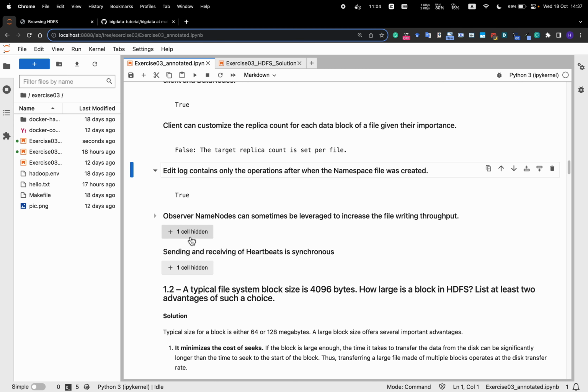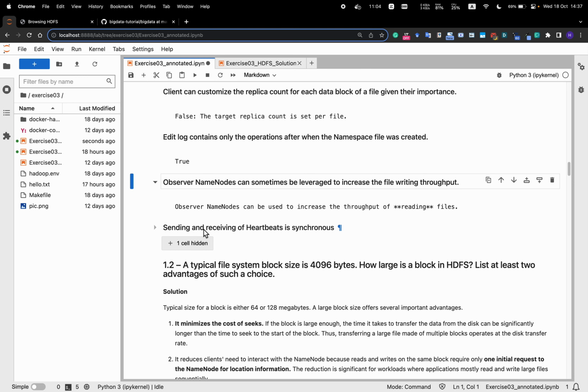So the observer node is responsible for standing there and staring at the name node, doing nothing. But sometimes it can be leveraged to increase the reading throughput. So it's basically a hot standby. By hot, I mean that it's always on, and whenever the name node is down, it can jump in and replace the name node very efficiently. And this is a common tactic in most companies nowadays.